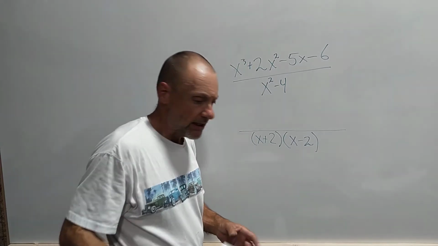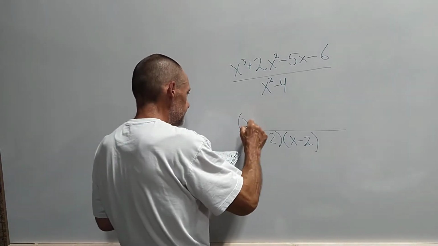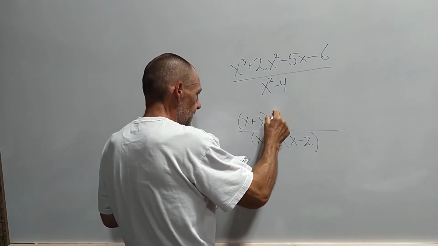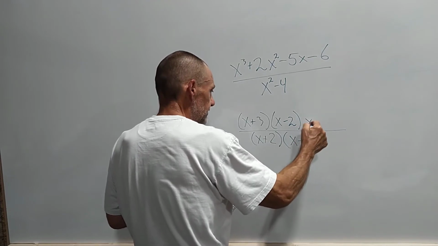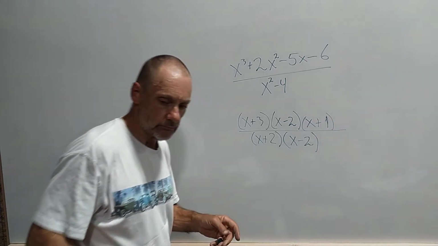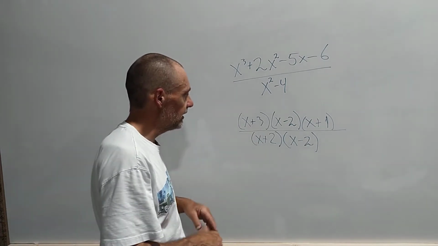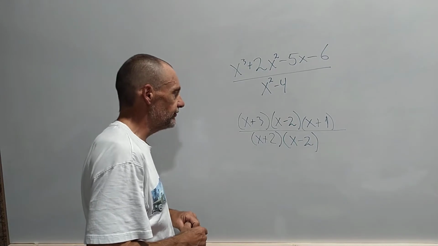So I factored that as x plus 3, x minus 2, and x plus 1. Okay, so this is our function factored, right?